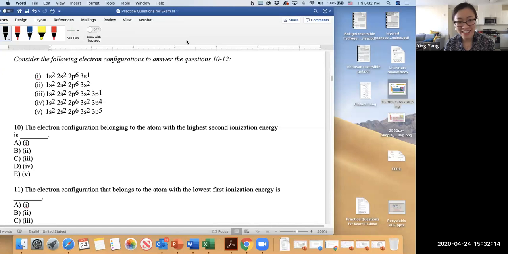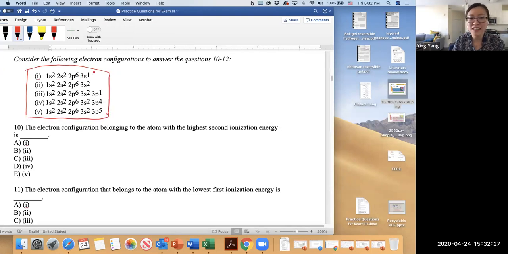And then let's take a look at the next question. We are given 5 different electron configurations. If you look at them, you're going to see that these are row 3 elements.